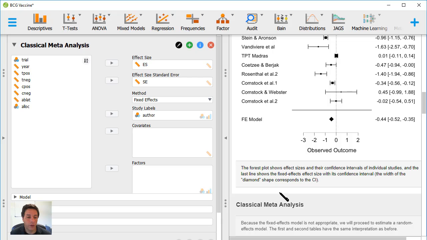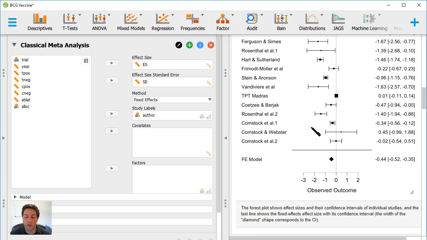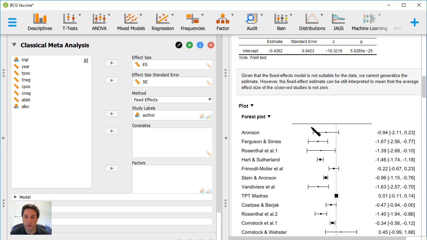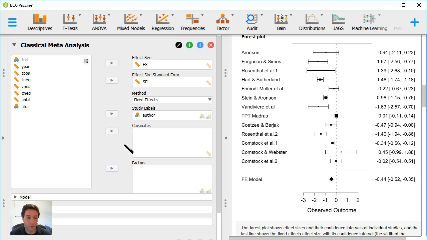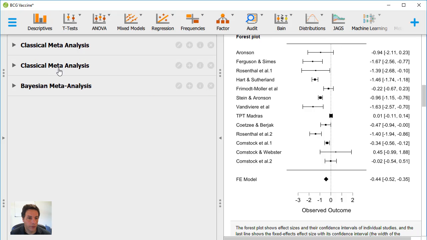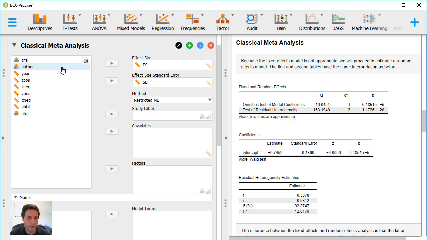Now, we go to the next one, because the fixed effect model, due to the heterogeneity of the data, seems not to be appropriate, so we need to do a random effects analysis. So we've got it here in the second one.